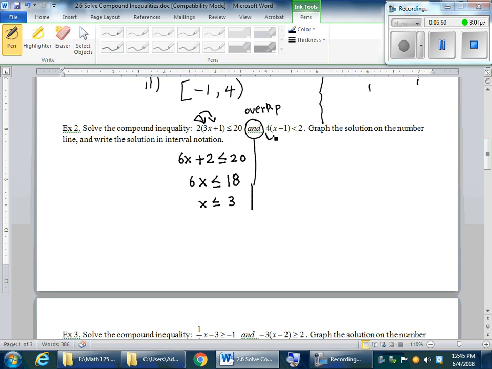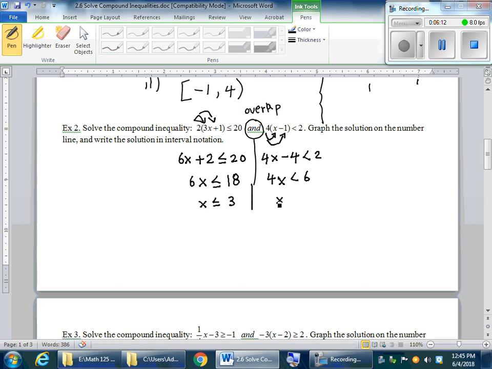Then distributing the 4 in the next inequality, it'll be 4x minus 4 is less than 2. Adding 4 to both sides gives 4x is less than 6.